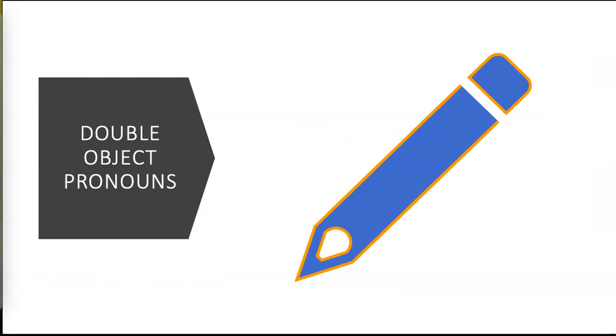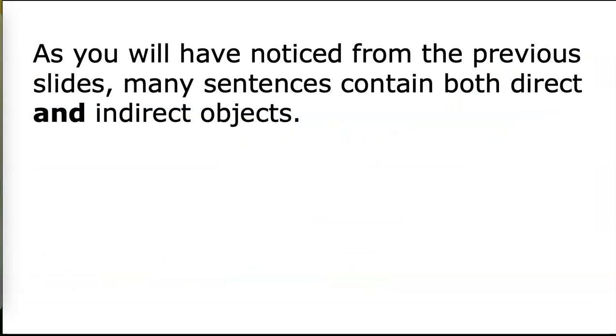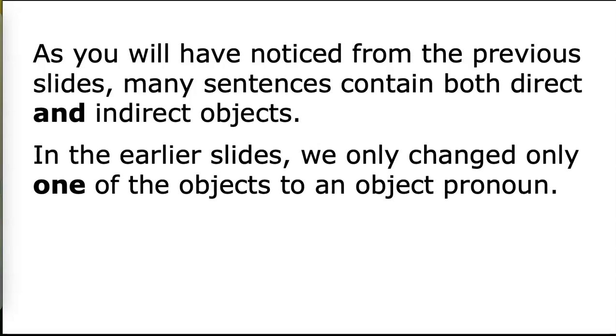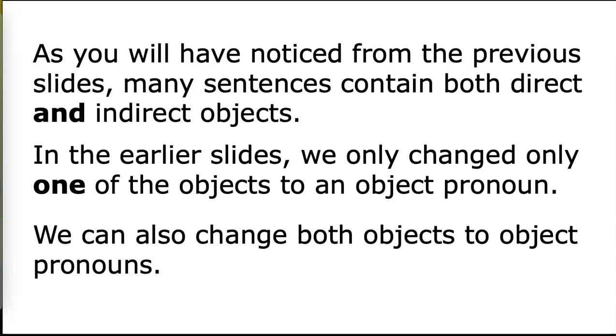Now, double object pronouns. As you will have noticed from the previous slides, many sentences contain both direct and indirect objects. In the earlier slides, we only changed one of the objects to an object pronoun. But we can also change both objects to object pronouns.